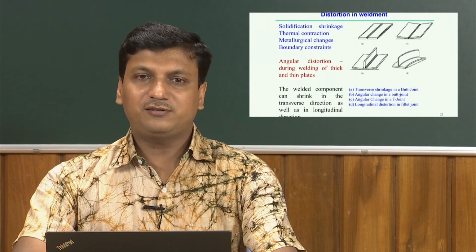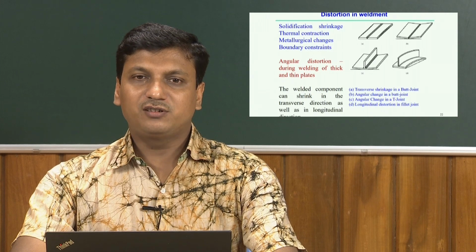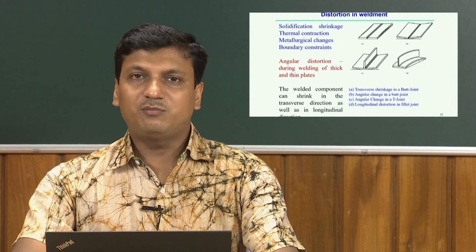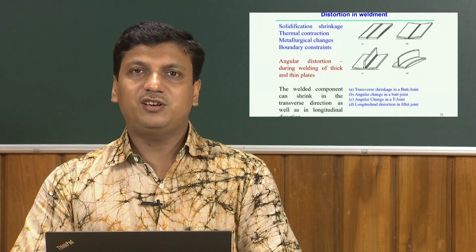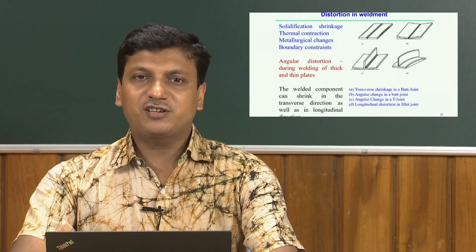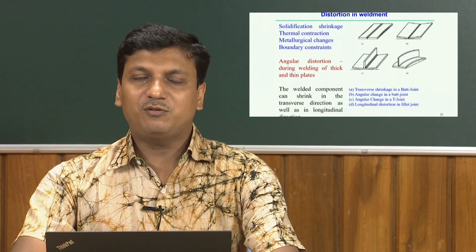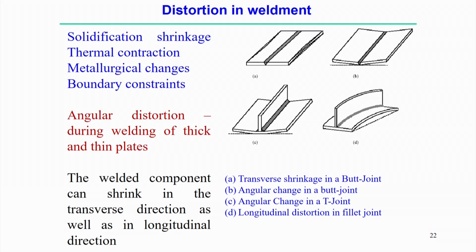The first figure shows the transverse shrinkage in a butt joint configuration. Concave or convex buckling can also occur within the welded structure depending upon the type of material. And in that figure you can see the angular change in a butt joint.